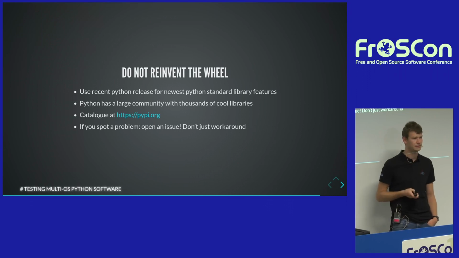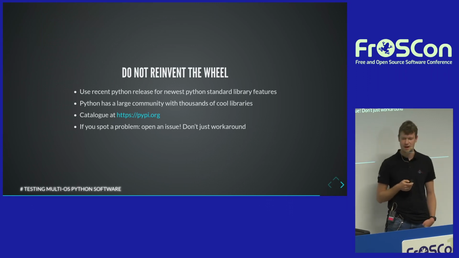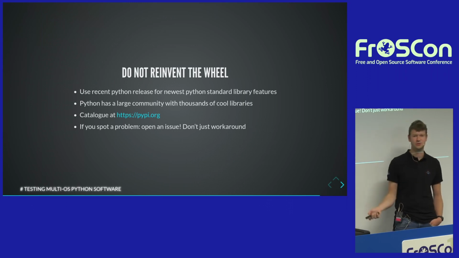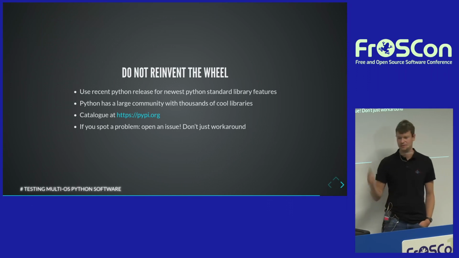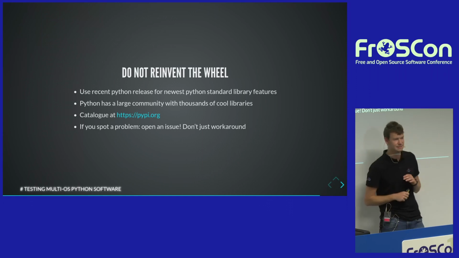Also, Python has a nice standard library, which is extended from version to version. So you should always try to use a rather up-to-date Python version. And with anything, if you spot a problem with an external component, be it in the standard library or more likely in any of the libraries you find on PyPI or anywhere else, please do not just work around the problem.